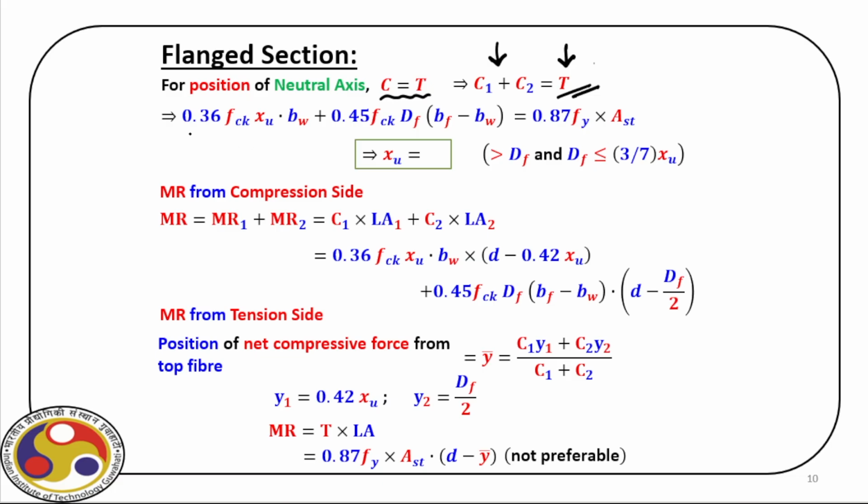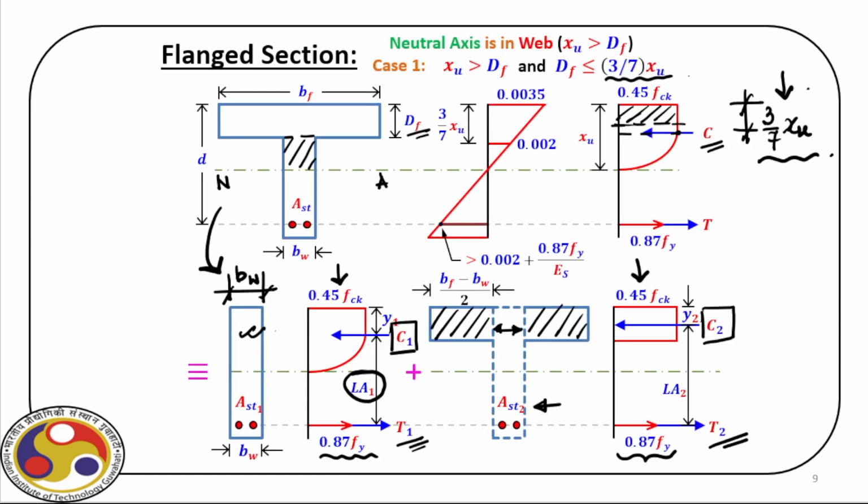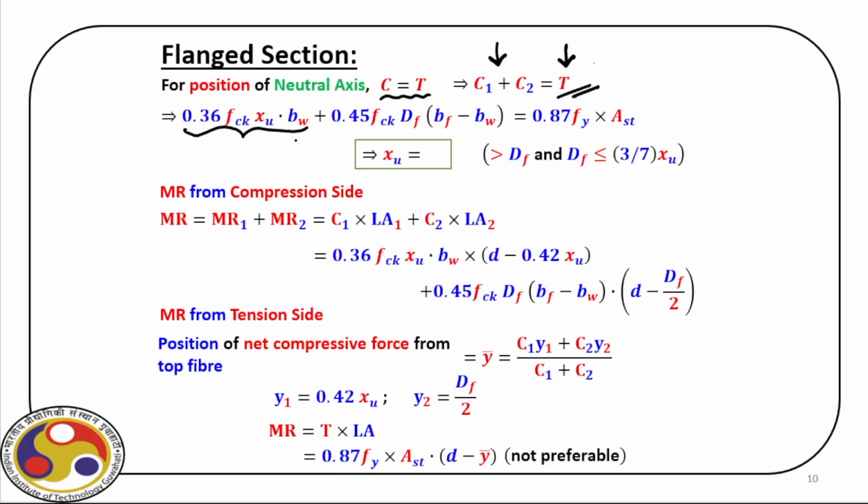So if we write down the expression, we have 0.36 FCK times XU times B in case of rectangular section. Now because the first section has effective width of BW here, that is the same value we put here. That's the first part, that is C1. For C2 again, we follow the same principle.